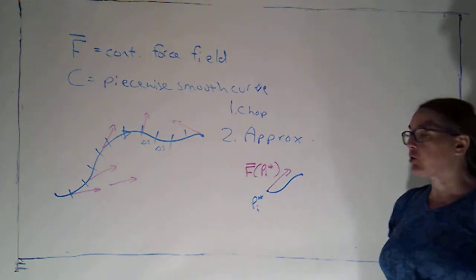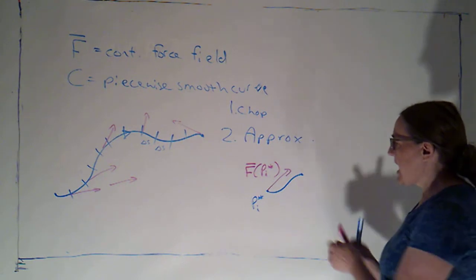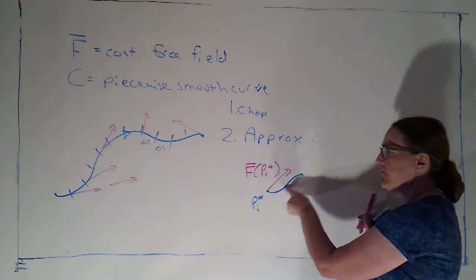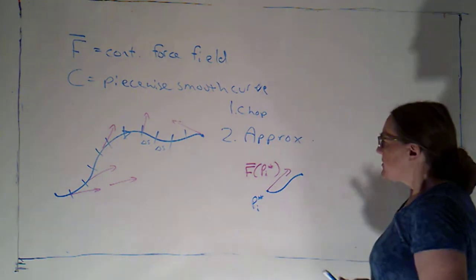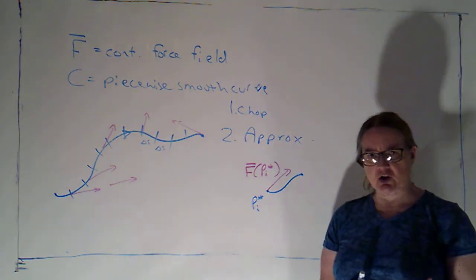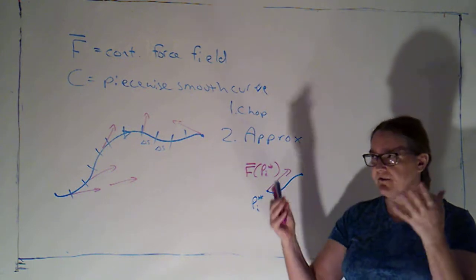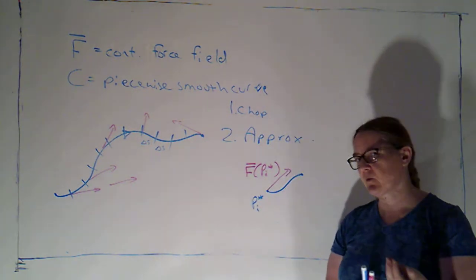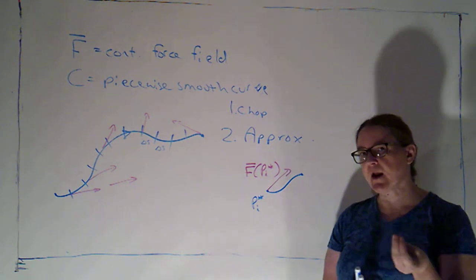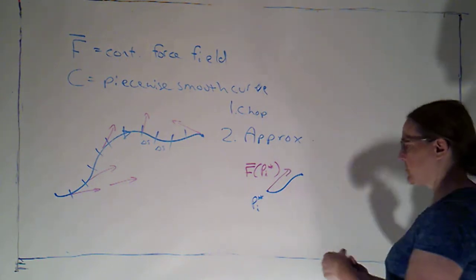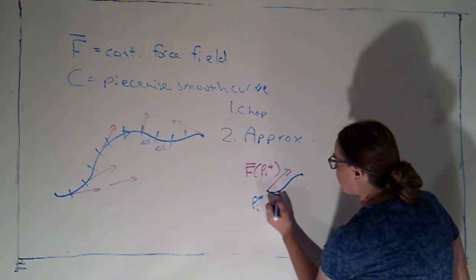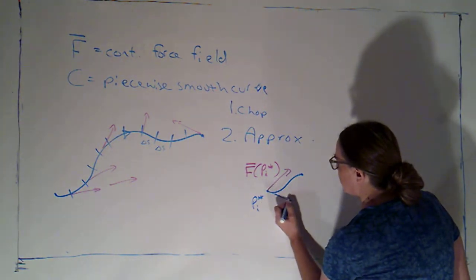Now, if I want to approximate the work, I'm going to need to approximate the displacement over this curve. So I'm going to do that with a vector, because displacement was a vector when we worked with this before. A vector has magnitude and direction. So for the direction, if I'm trying to approximate the direction of the curve, I want to take a vector that's tangent to the curve.